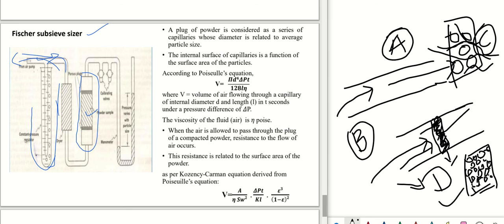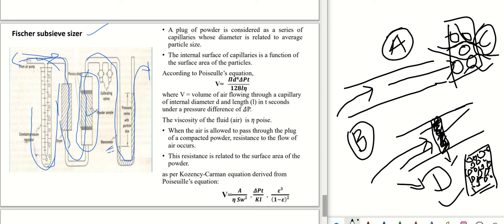Now, this is the dryer, in such a way that the entire setup should not have any moisture, because it might affect the adsorption of the gas onto the particle surface. Now the gas travels through this plug, and slowly the gas will be sent out, and here at the one end we will be having a manometer by which we can determine the pressure differences.